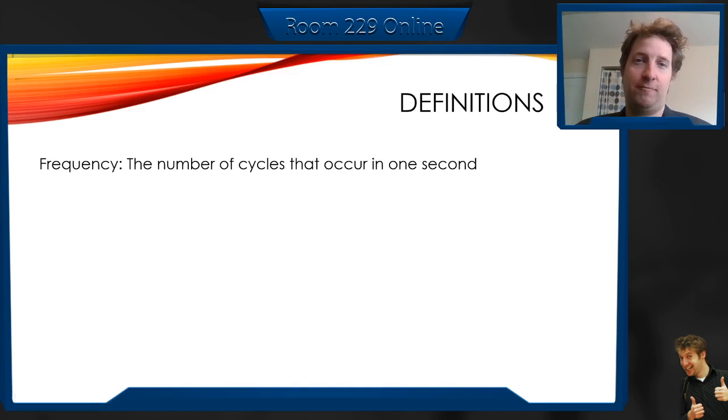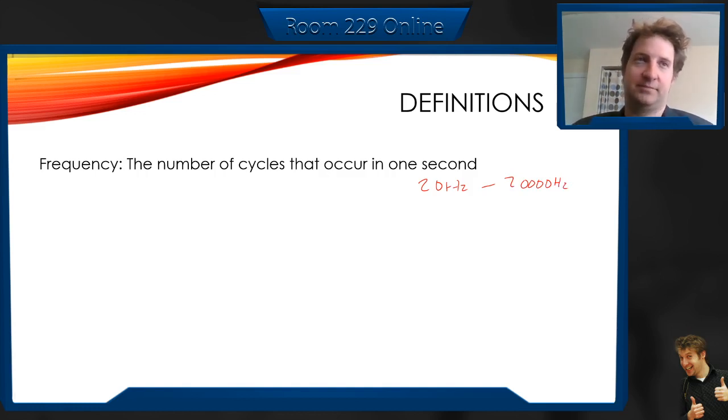Frequency then measures how many of those cycles are in 1 second. Okay, so for example, sound: we can hear anything between, our ears are tuned from 20 hertz, that's 20 cycles, all the way to 20,000 cycles, hertz.